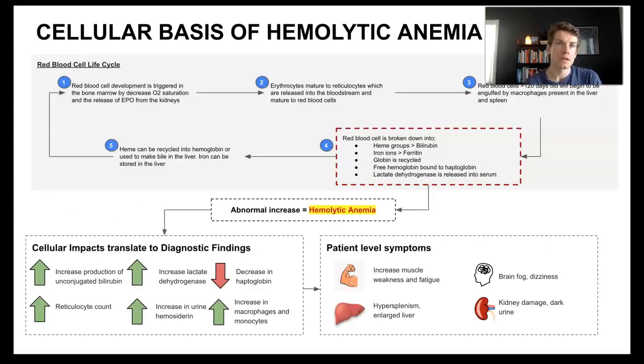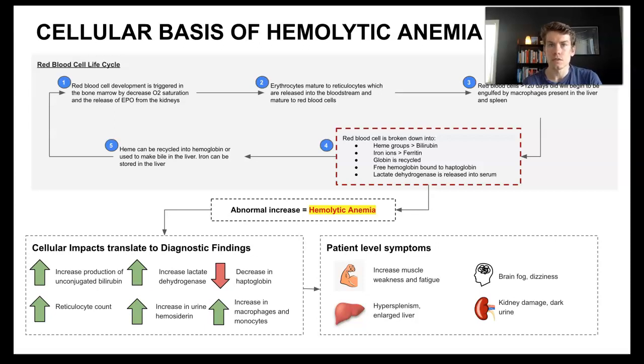So, to explain hemolytic anemia at the cellular basis, let's start with the life cycle of a red blood cell. First, red blood cells are produced and released as immature reticulocytes in the bloodstream. From there, the reticulocytes mature into red blood cells. The red blood cells will operate to deliver oxygen to your tissues and remove CO2 from your body over the course of 120 days.